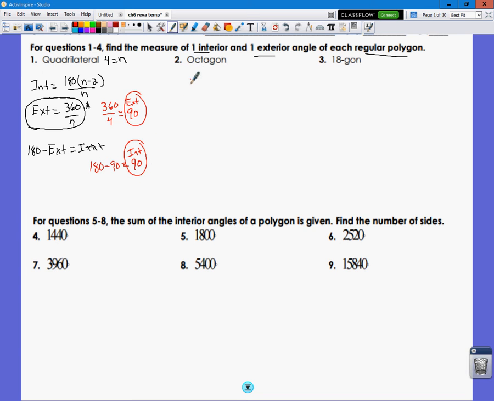Using the other formula for an octagon, I'm going to use the interior angle, 180. Since there are 8 sides in an octagon, n represents 8, so I'm going to take 8 minus 2 divided by 8. The interior angle will be 135 degrees.